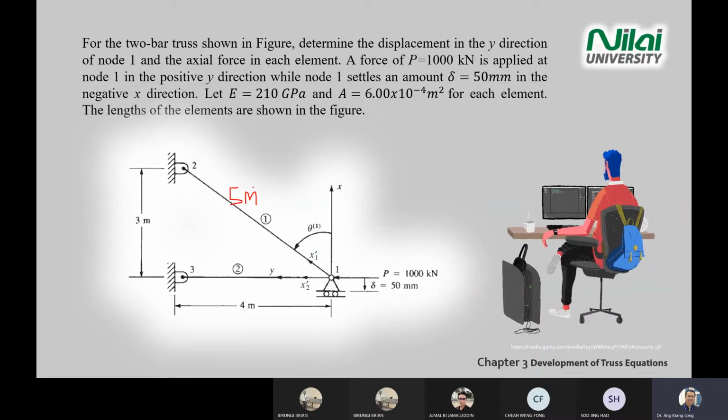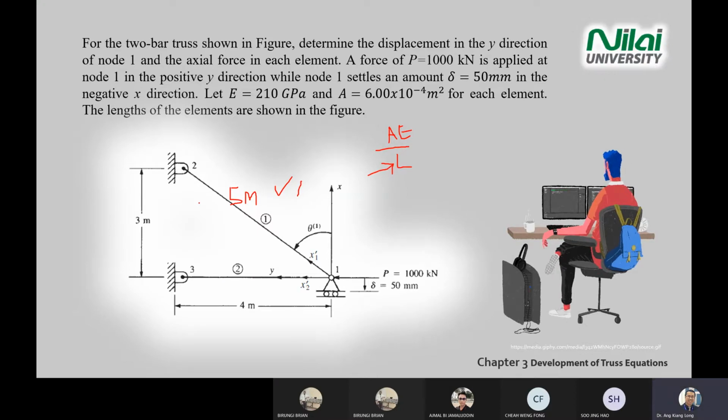Once you find that the length is 5 meter, you get 1 point for this length. Don't skip any steps that help you to determine the length, because later when you calculate the AE divided by L, there's a calculation inside the matrix. You need the L also, so you need to show how you get this L for each element.